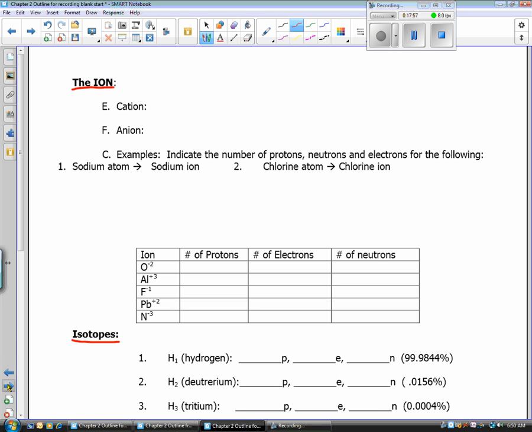So an ion forms when an atom gains or loses electrons, and it causes these particles to be charged.